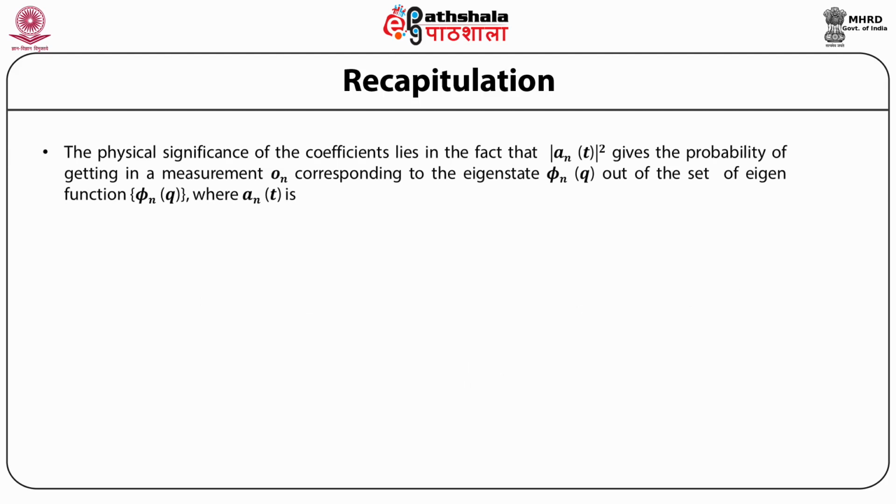The physical significance of the coefficients lies in the fact that the modulus square of a_n(t) gives the probability of getting, in a measurement, O_n corresponding to the eigenstate φ_n(q) out of the set of eigenfunctions φ_n(q), where a_n(t) is equal to the integral of φ_n*(q) ψ(q,t) integrated over the whole volume.